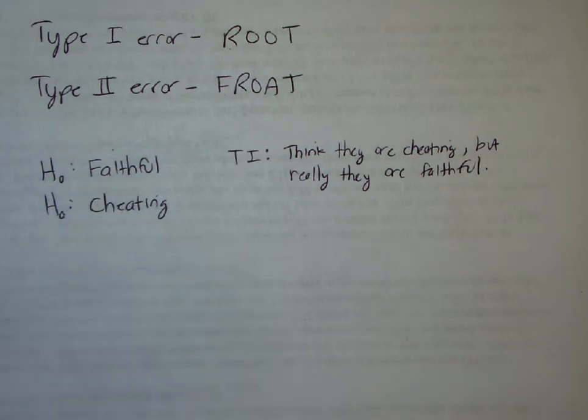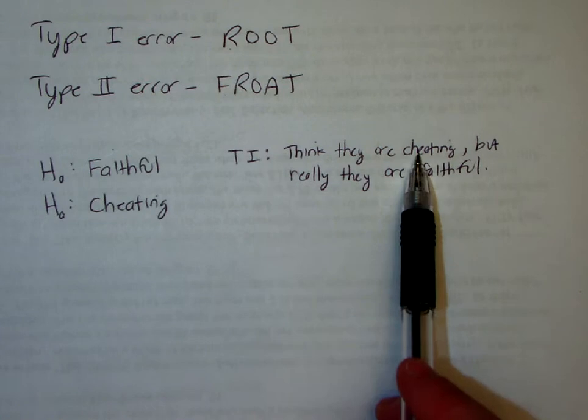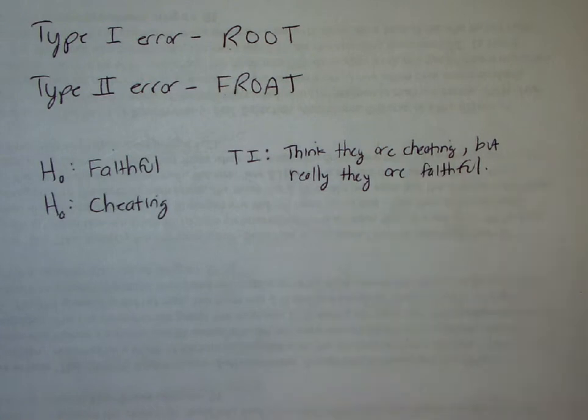So what are the consequences of this? This is what a type 1 error would be. What would happen in real life if you thought someone was cheating on you, but they're really faithful? Well, I think there's a really good portion of this world that would probably just break up with that person if you found out they were cheating.